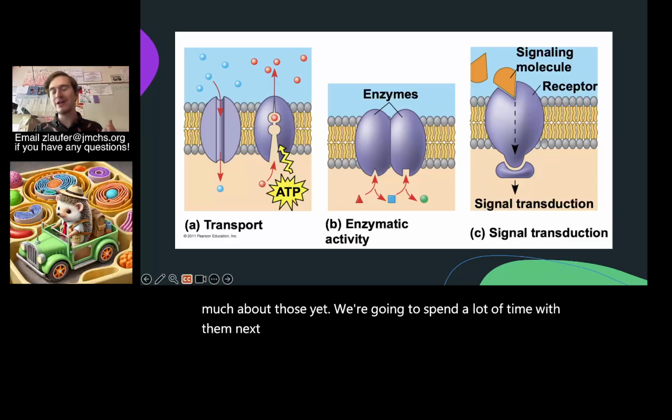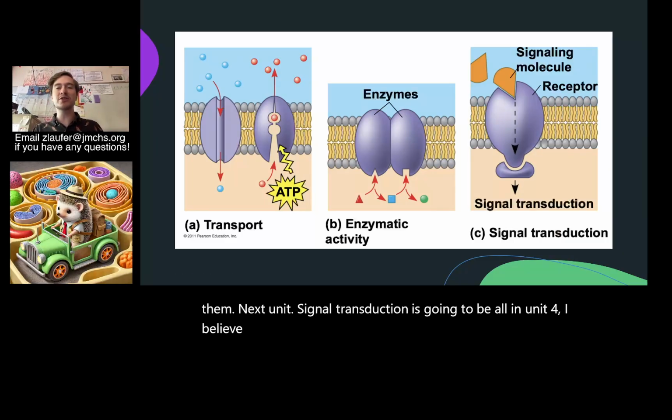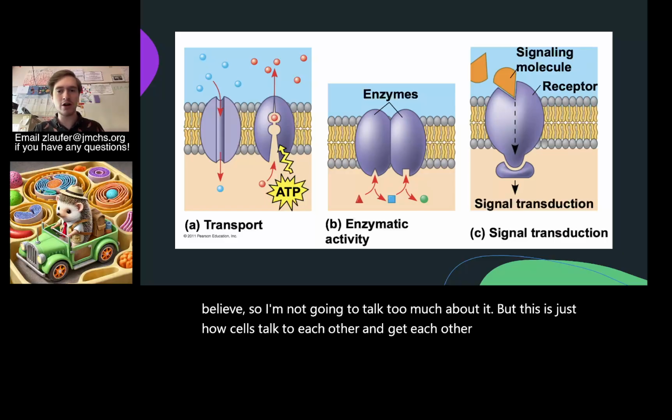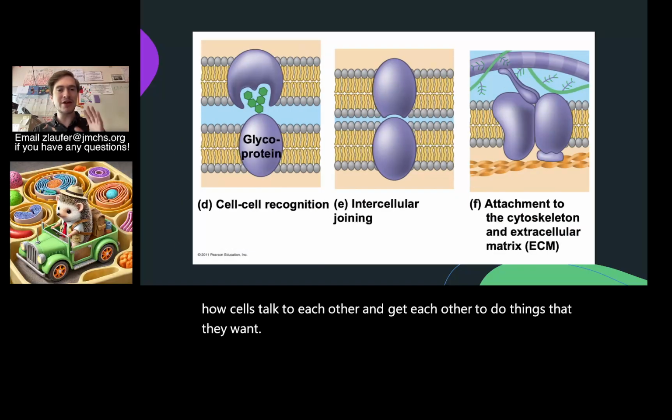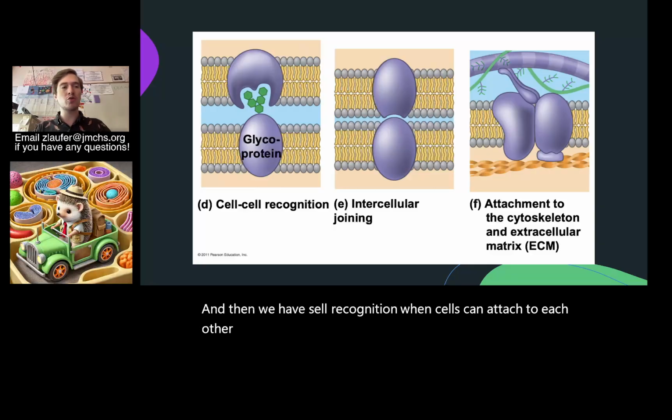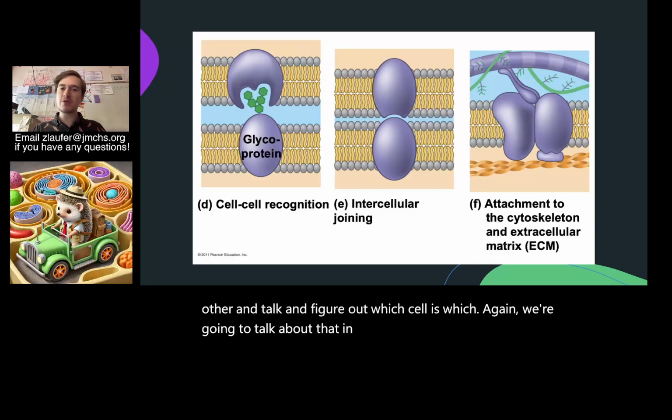Signal transduction is going to be all in unit 4, I believe, so I'm not going to talk too much about it, but this is just how cells talk to each other and get each other to do things that they want. And then we have cell-cell recognition, when cells can attach to each other and talk and figure out which cell is which. Again, we're going to talk about that in unit 4. Same with intercellular joining.